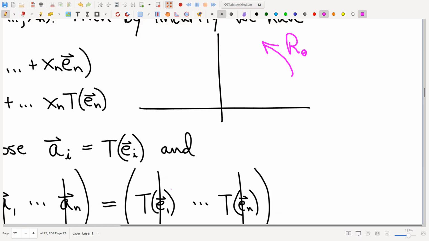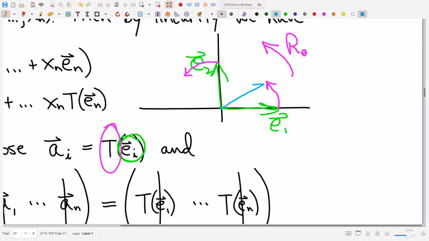Apparently, all I've got to do is take the standard basis vectors, E1 and E2, do the linear transformation to them. So I'm going to rotate them by whatever the given angle is. Whatever I get, those will be the columns of my matrix.